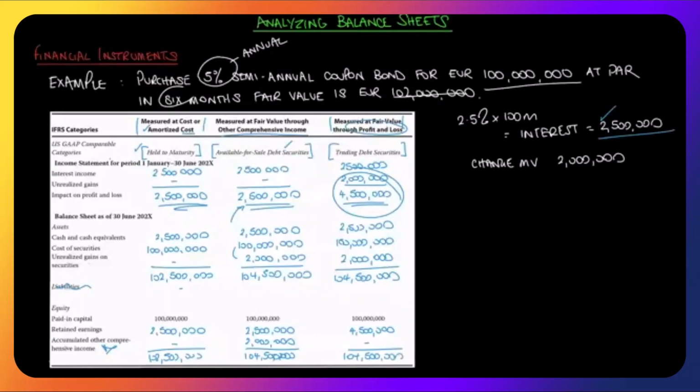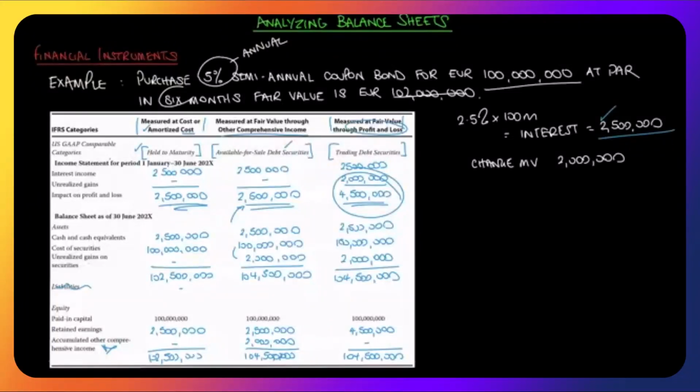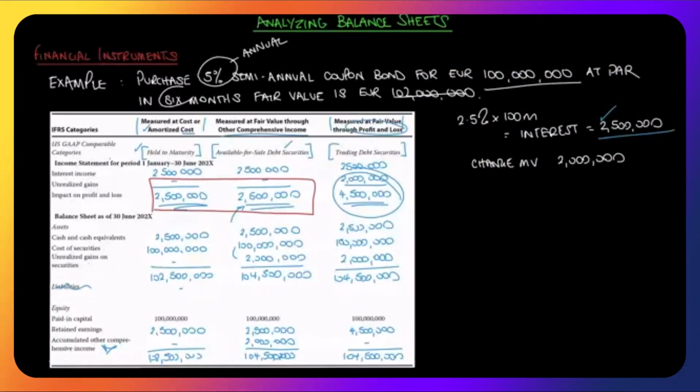There you go. It doesn't take long to get the logic of that, to repeat it, to learn it, to understand it. Don't just stare at it and say, okay, I can probably try and remember that. Look at the entertaining facts. Look for similarities, look for differences. Compare, contrast. Held to maturity and available for sale: impact on the P&L is the same. However, one of them took the gain through OCI, one did not.